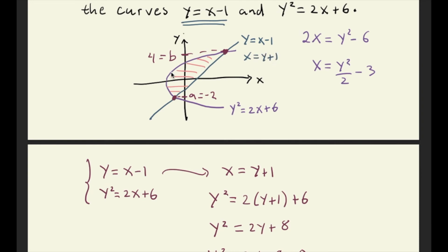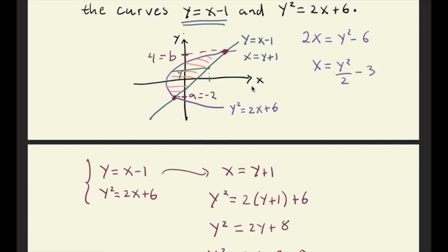So if you know what the y value is, let me not use blue. For a given value y, this x value here is y plus 1, because it's on the blue line, minus the x value on the purple, which is given in this way in terms of y.